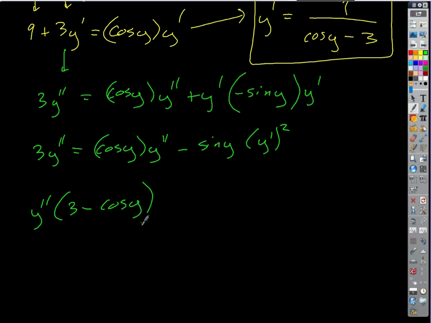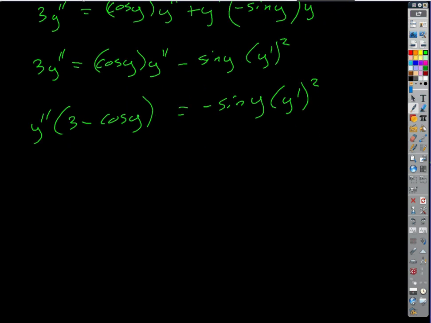Okay. And on this side, I've got a minus sine y times y prime squared, so that if I want to solve for y double prime, I'll just divide both sides by that factor. I get y double prime equals negative sine y over 3 minus cosine y times y prime squared, right? Okay, is that a good answer?